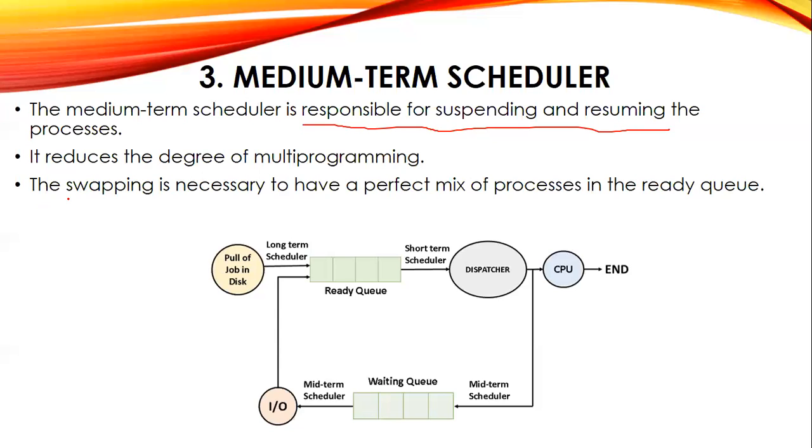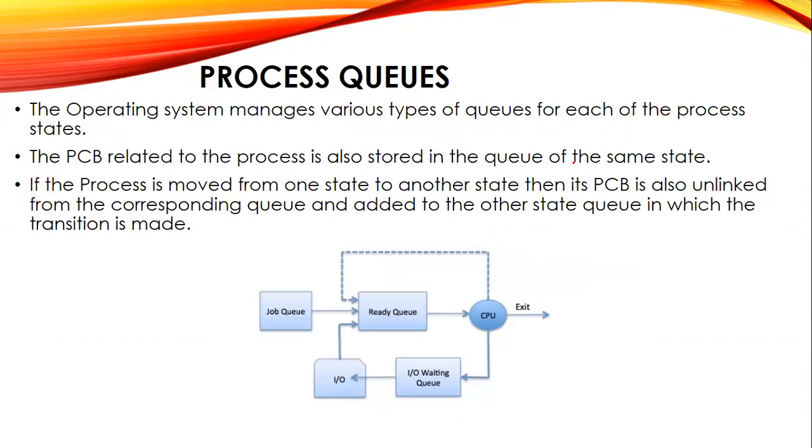The swapping is necessary to have a perfect mix of processes in the ready queue. Also, they are swapping for sending them to hard disk, secondary memory, or taking them back.